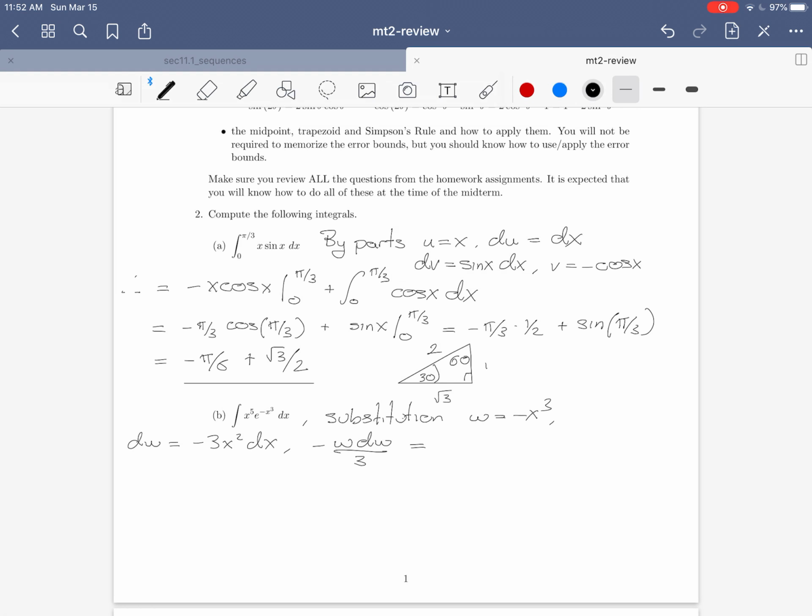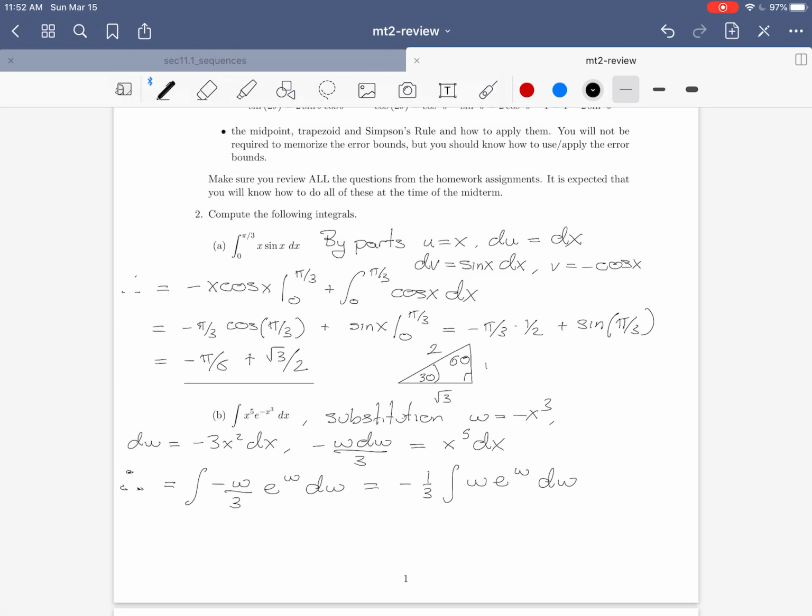So now on the left hand side we have negative w dw divided by 3, and you'll notice that that becomes x to the 5 dx. So therefore our integral becomes negative w divided by 3 times e to the w dw. So this is negative 1/3, taking the constant outside, w e to the w dw.